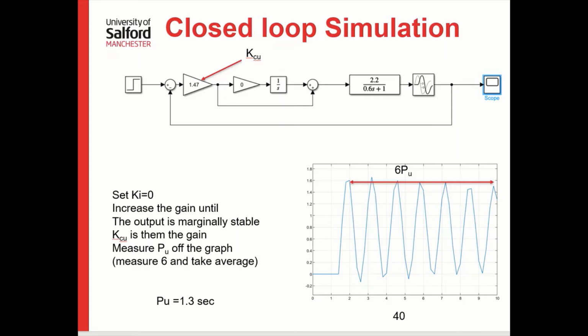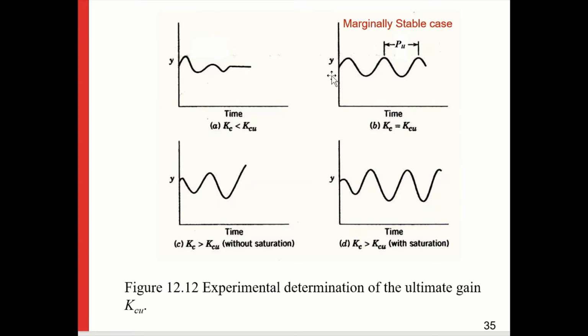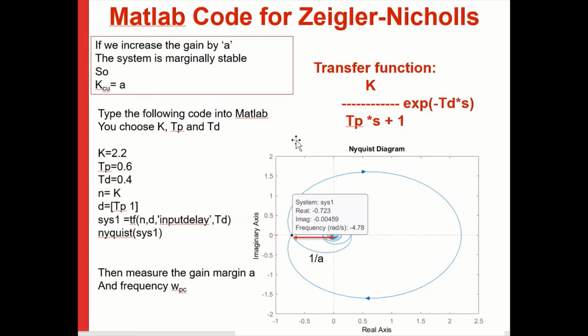So let's go back to this. We're going to look at this sort of result here, and we can get this from two sources. We can get it from plotting the Nyquist plot of the open loop system under proportional control. This distance here, where it crosses, is 1 over the gain margin.